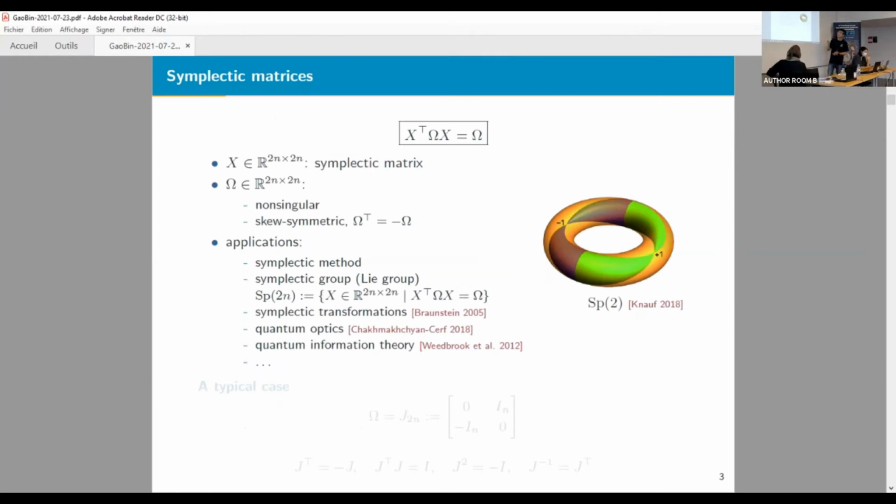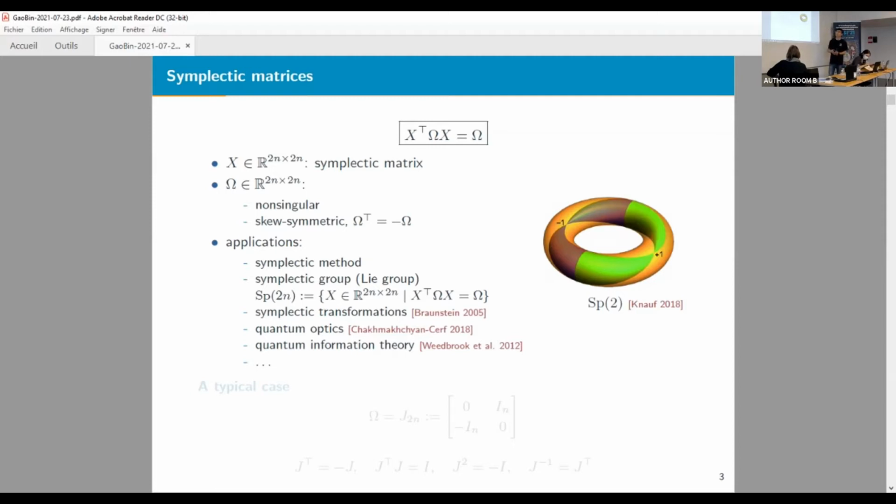A symplectic matrix is defined by this quadratic matrix equation. We have a variable X of size 2n by 2n, and it has to satisfy the equation X transpose Omega X equals Omega itself.